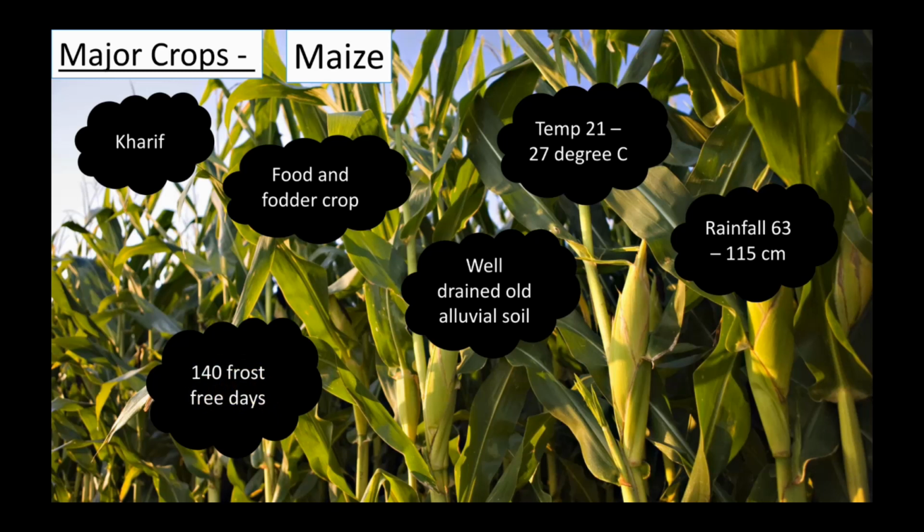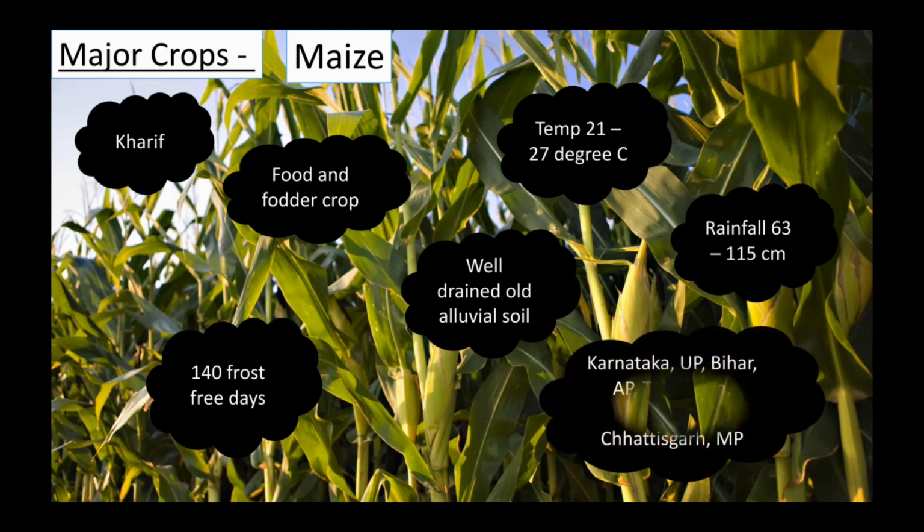Nowadays, maize production has increased with the application of modern inputs like HYV seeds, irrigation, modern tools and machines, isn't it? In India, the crop is grown mainly in Karnataka, UP, Bihar, Jharkhand, AP, Telangana, Punjab, Chhattisgarh and MP.